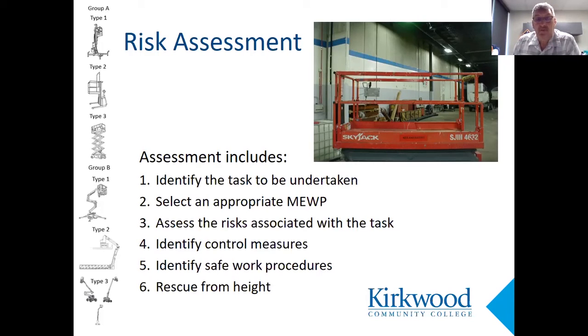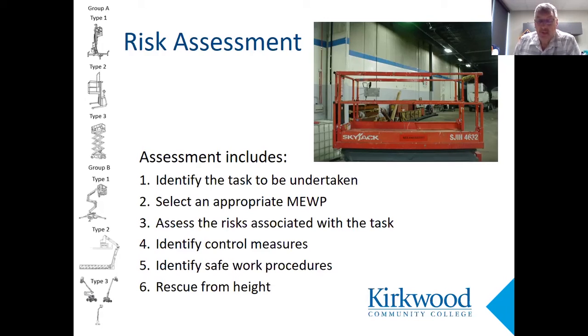Locations need to be identified. Again, everybody on site needs to know about that. Selecting the appropriate MEWP, working at heights and reach. What kind of reach are you going to need? Constraints of the work site. Maybe the big old lift that I usually use just is too big for this area, so we got to rent a smaller one. Again, we need to be trained on that.